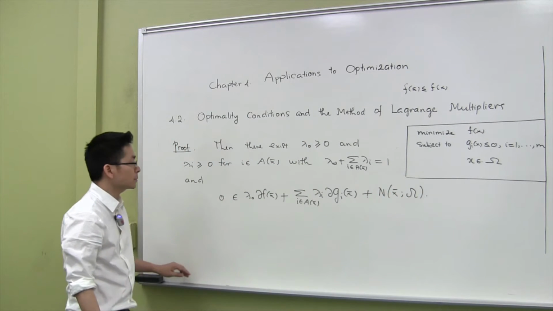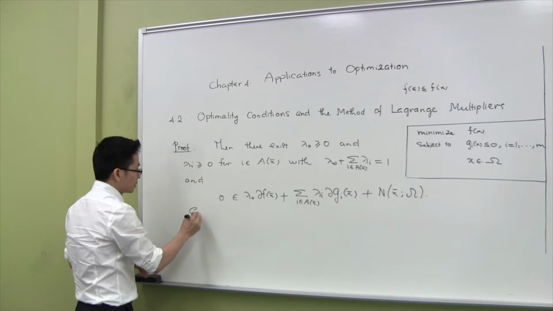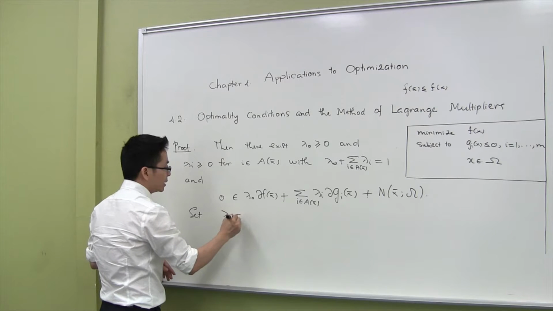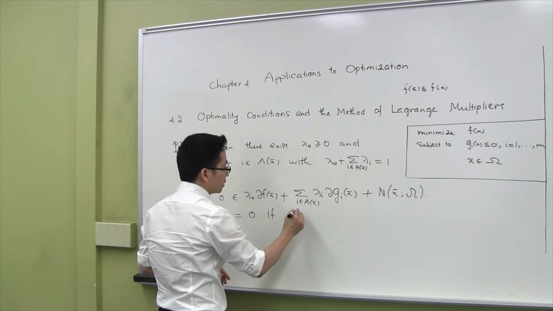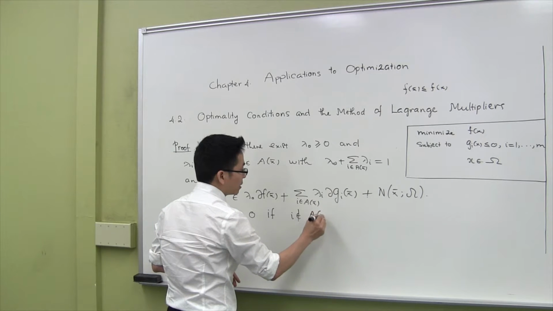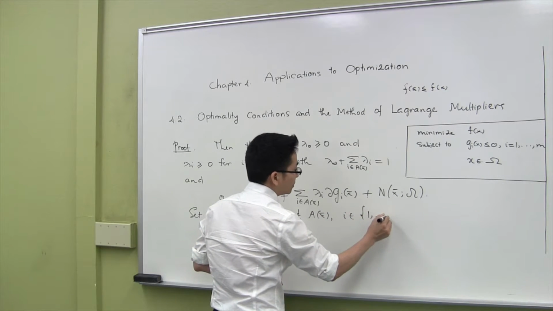Okay? Now, to make this sum nicer, we're going to set lambda I to be 0 if I is not in A of x bar and I is from 1 to m.